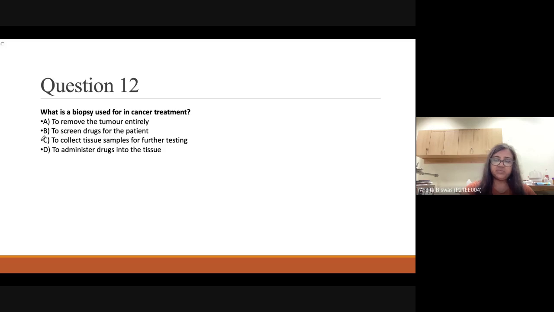The right answer is option C, to collect the tissue sample for further testing.